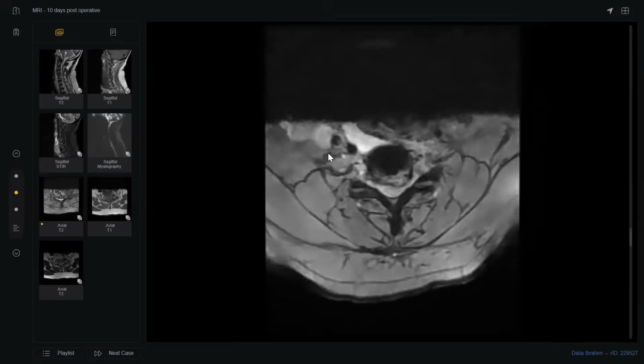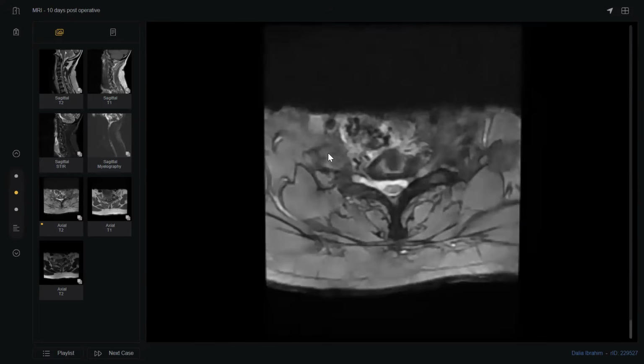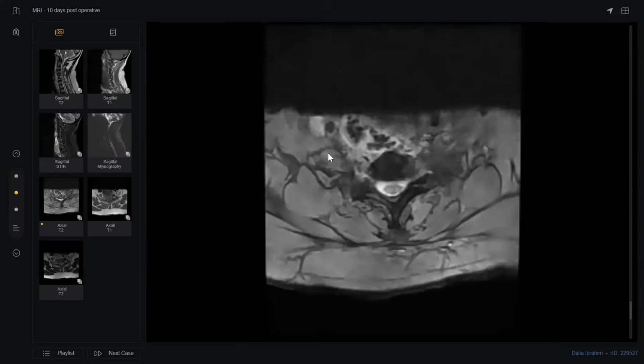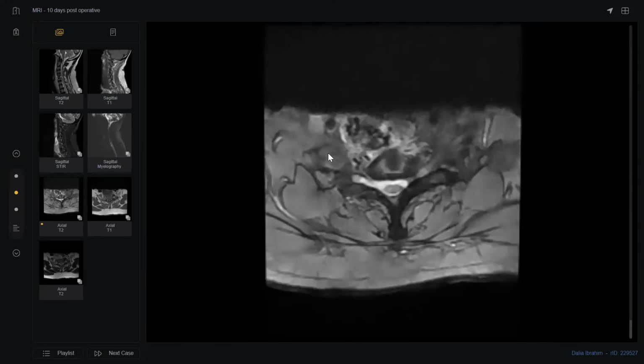The collection is nearly completely filled with this blooming artifact. Give me another differential, please. Is it something related to prevertebral abscess? I'm not sure, sir. The patient just has dysphagia. What else?